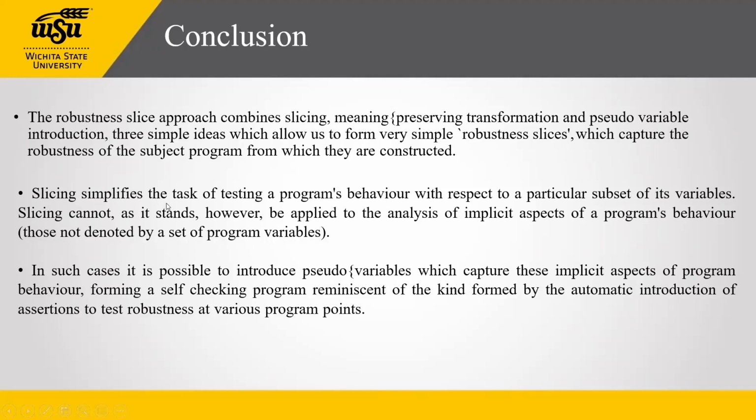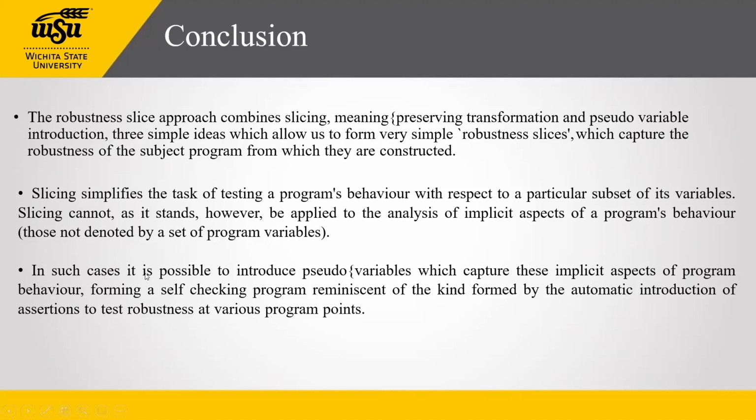Slicing simplification is the task of testing a program's behavior with respect to particular subsets of its variables, and slices cannot do this as it stands. However, it can be applied to the analysis of impacting aspects of the program behavior. This is denoted by a set of program variables.